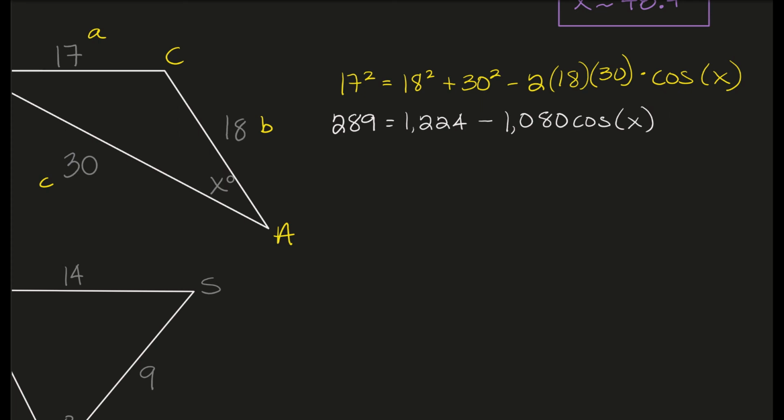So now we're right back here to, it almost looks just like a two-step equation. So really what we need to do is move this constant out front and then divide by our coefficient. So here I'll subtract the 1,224.